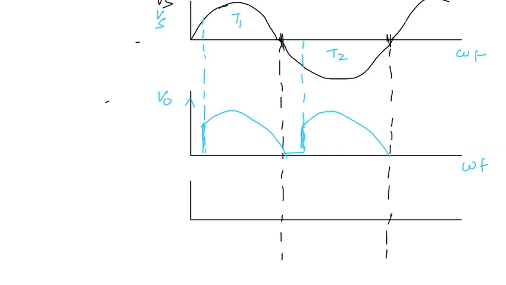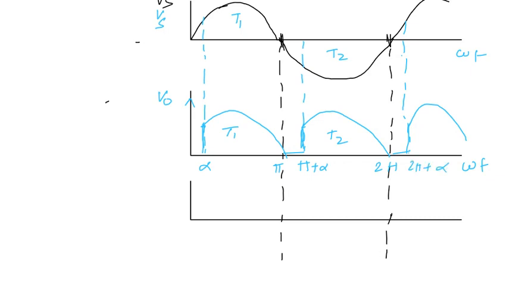Now the next portion again goes on like this only. T1 will conduct during this portion, T2 will conduct during this portion. So this is my alpha, this is my pi, this is my pi plus alpha, this is my 2 pi and 2 pi plus alpha. So it goes on like this.